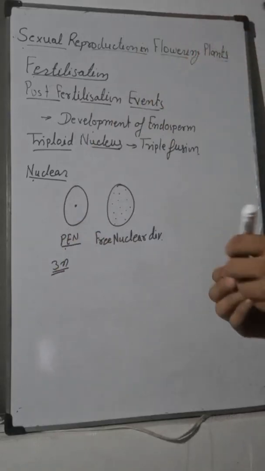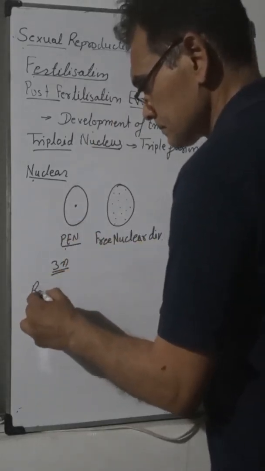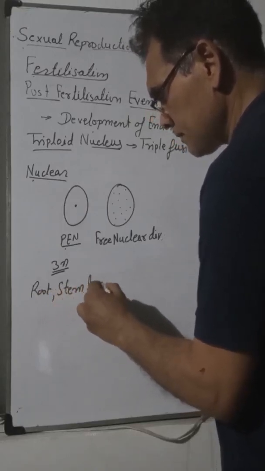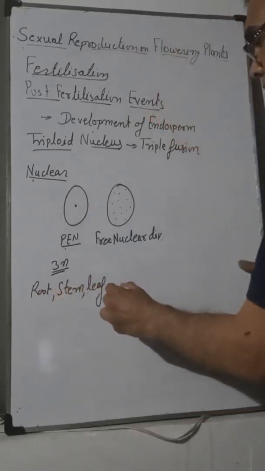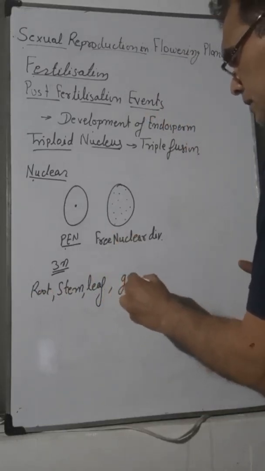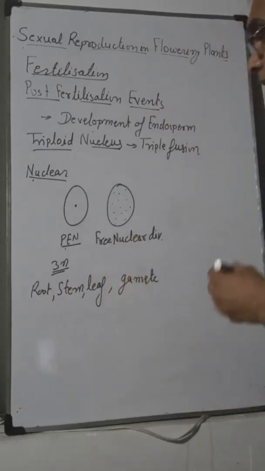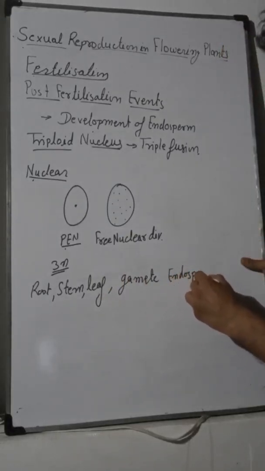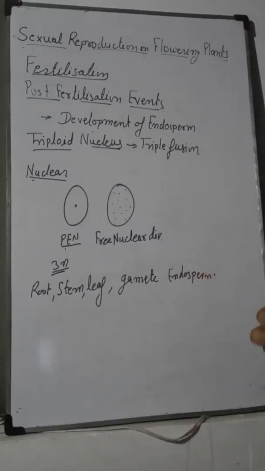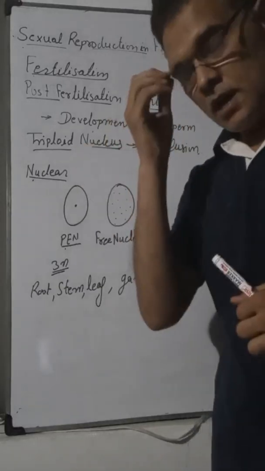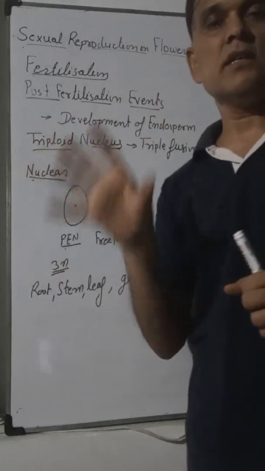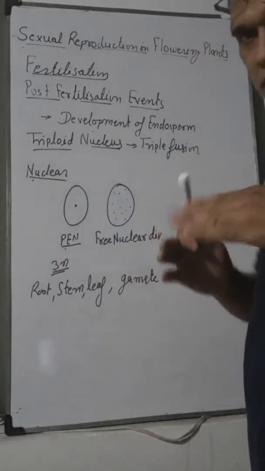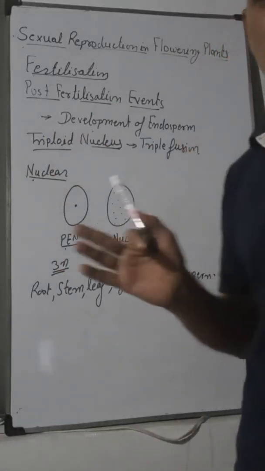If we see the root, stem, leaf, gamete, and endosperm, what are the ploidy levels of the plants? Ploidy level means how many sets of chromosomes are there. Normally, plants are diploid.